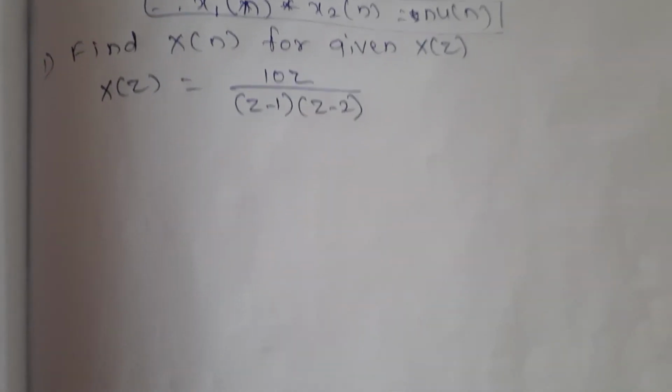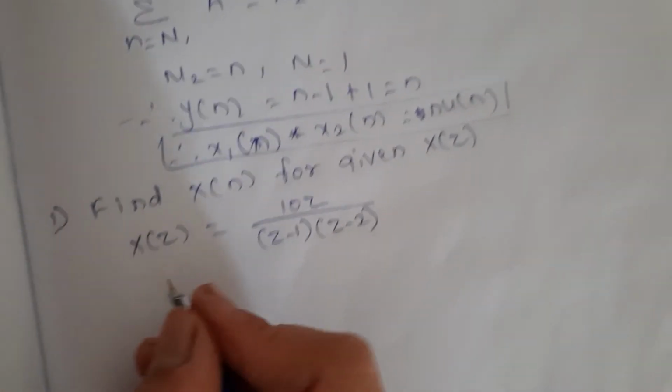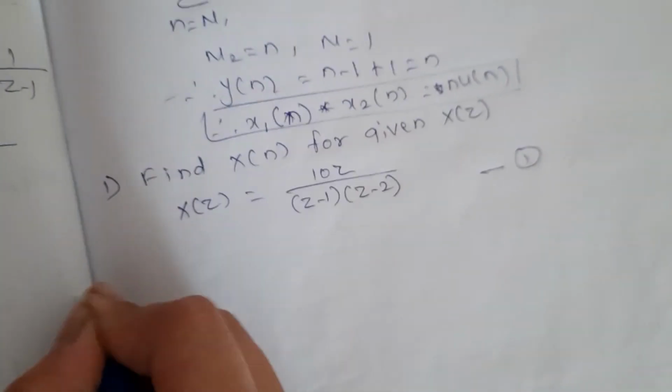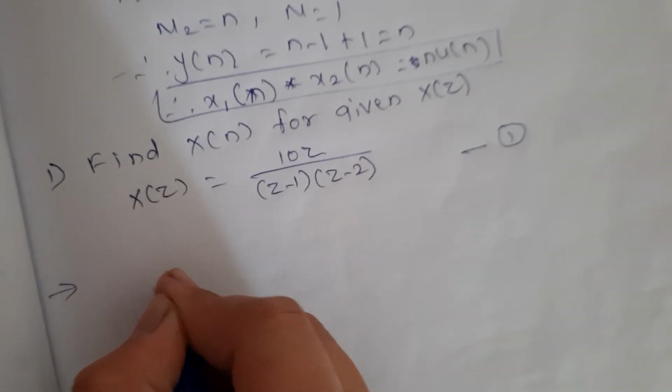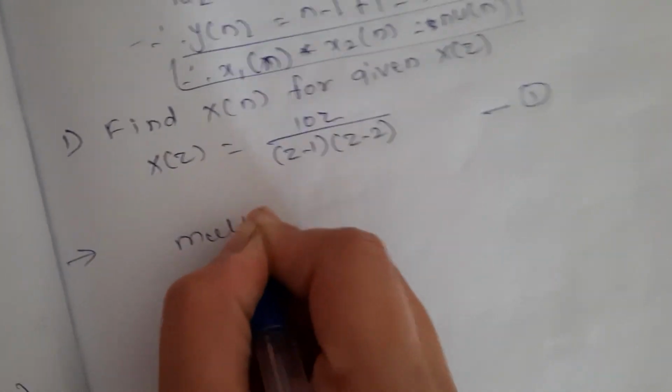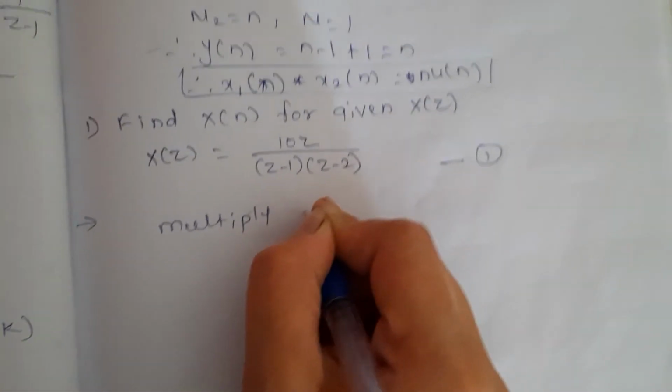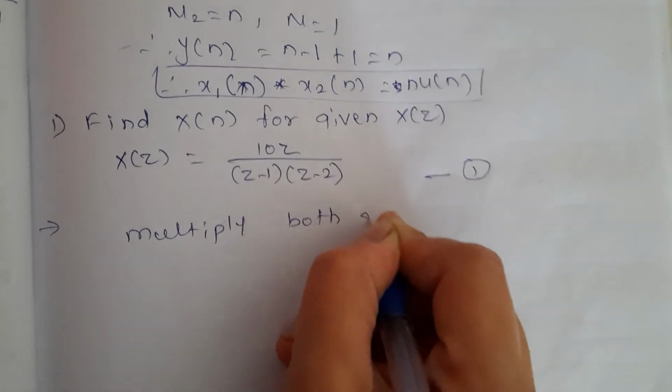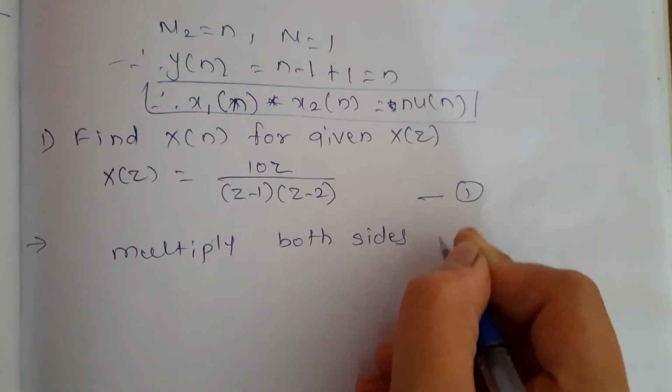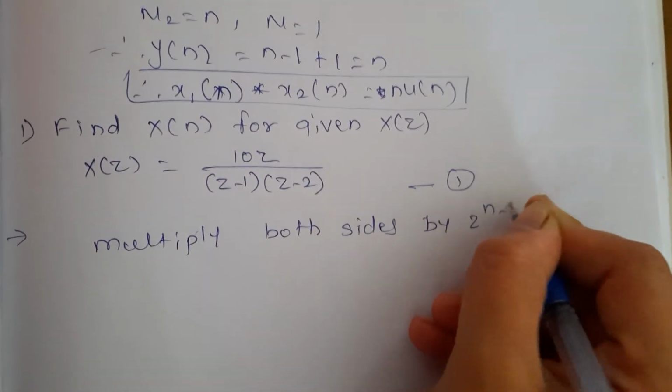Find x(n) for the given X(z). So X(z) is given. So this is equation 1 right here. Next, multiply both sides of equation 1 by z raised to n minus 1.